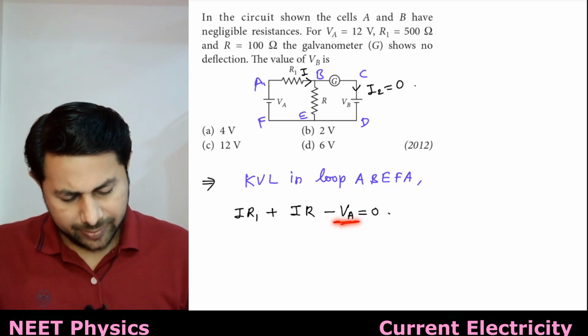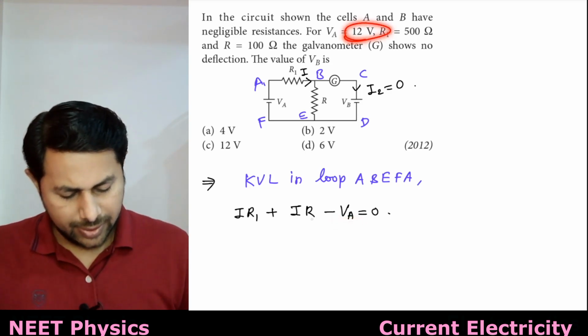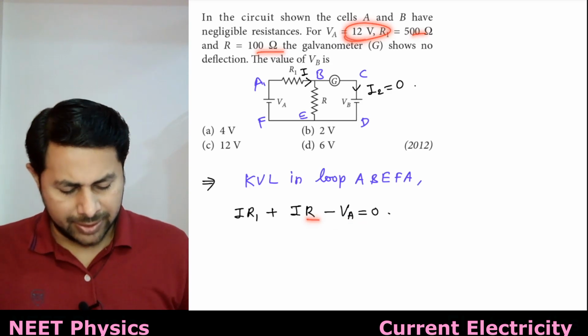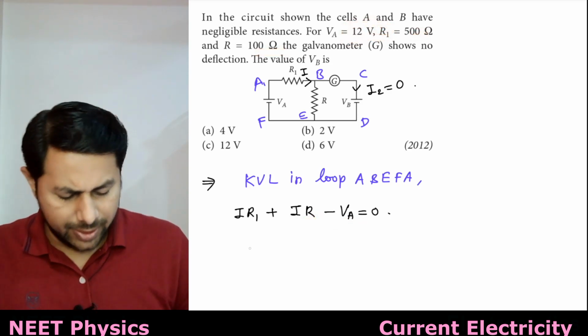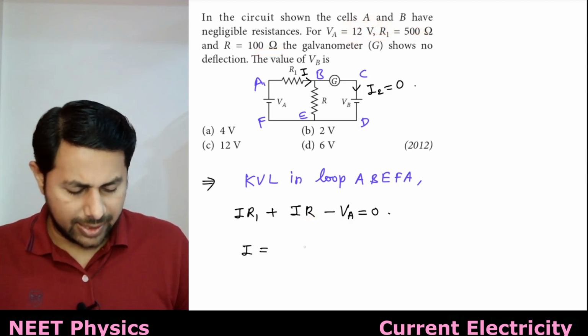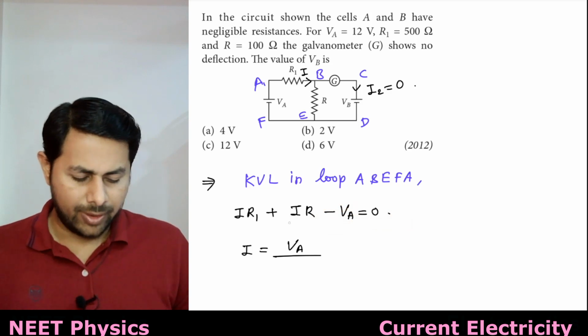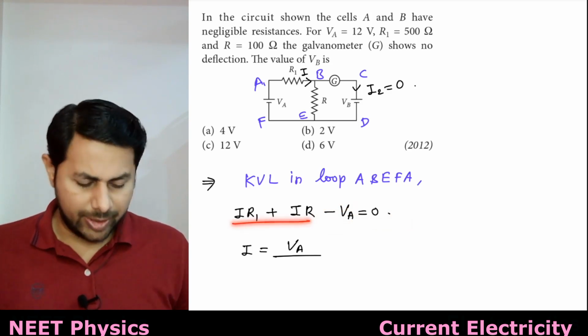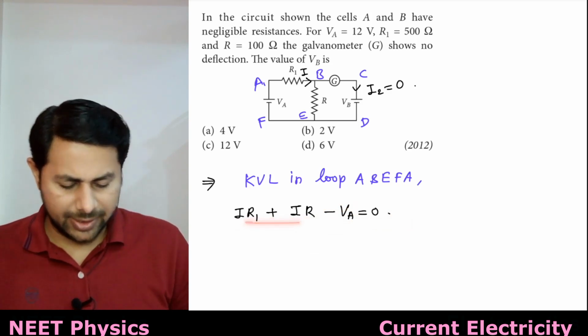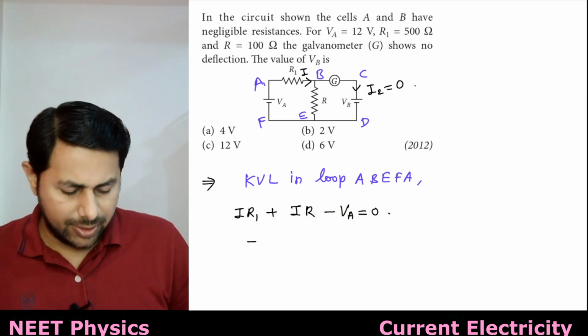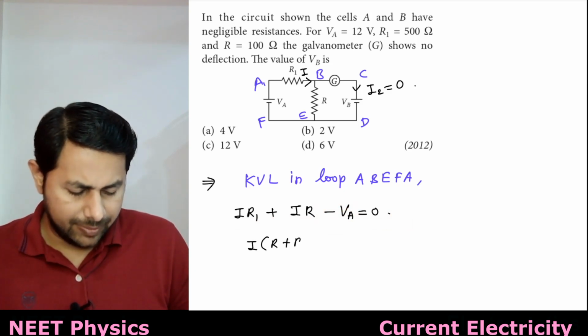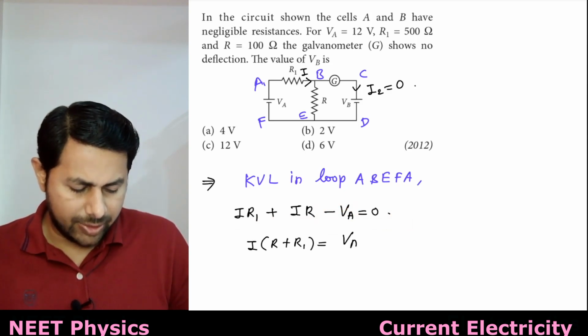VA is given, it's 12 volt, R is given, and R1 is given. From that we can find I. Moving VA to the other side, it becomes positive. Then taking I common, I times R plus R1 is equal to VA.